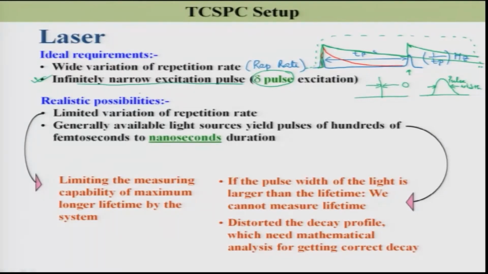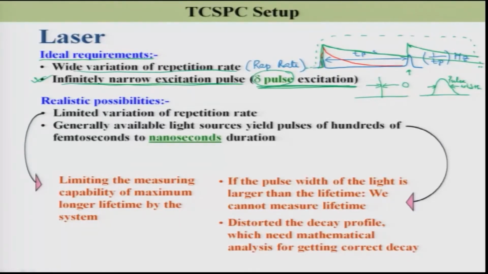I will show you the requirements from the point of view of the other components, like the CFD, the PMT, and so on. But from the point of view of the laser, my ideal requirements are a wide variation of the repetition rate, so that I can tune it, and an infinitely narrow excitation pulse, the delta pulse excitation.